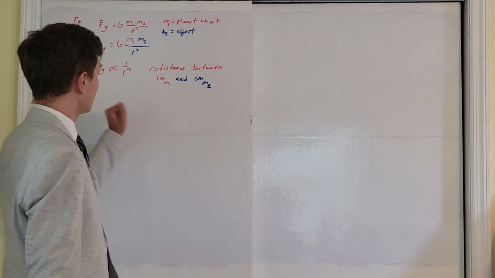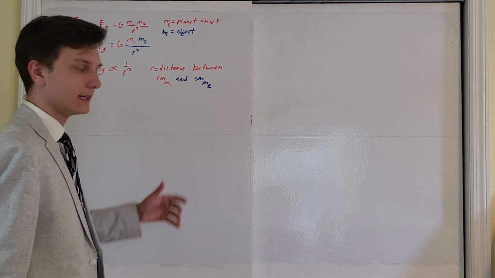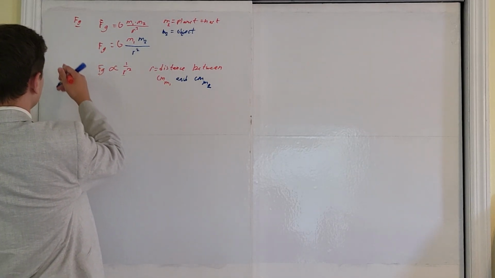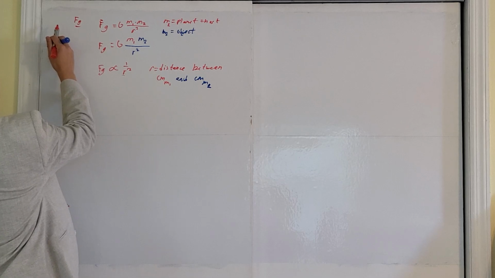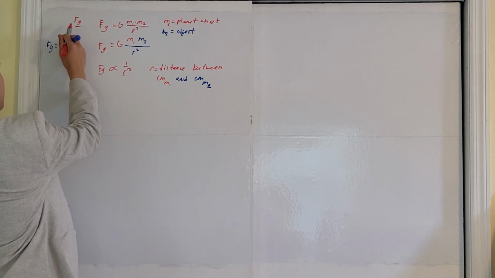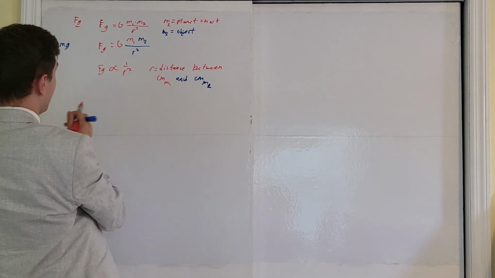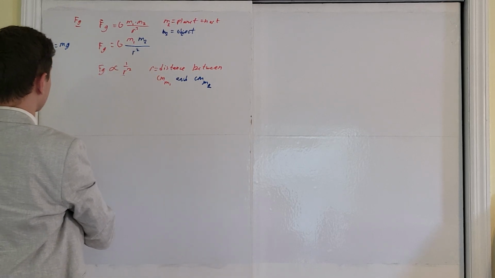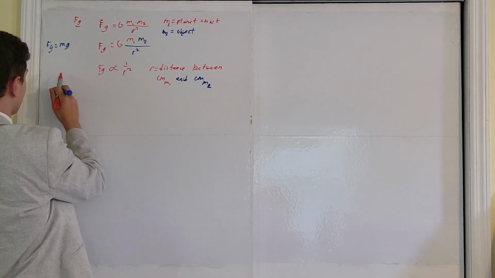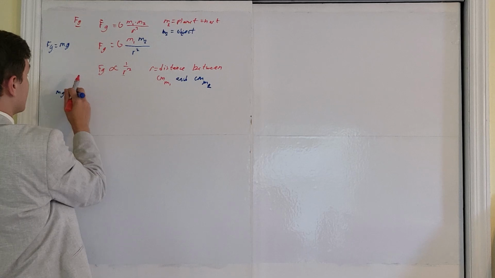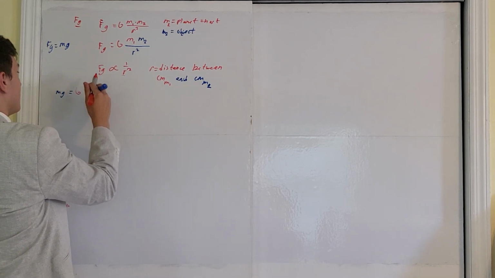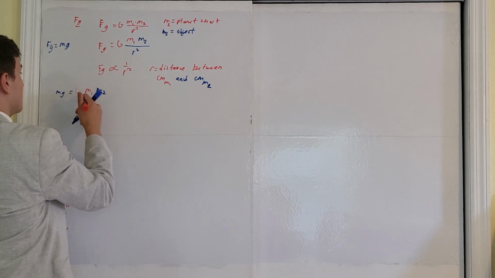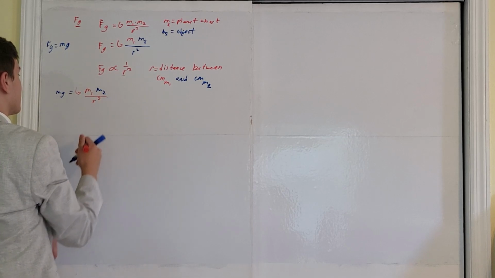Using this equation, let us then corroborate what we see in the Newton's second law representation as Fg being equal to mg, okay? Where m is, of course, the mass of the object. If we equate these two, we get mg equals G times the mass of m1 times the mass of m2 over r squared, okay?